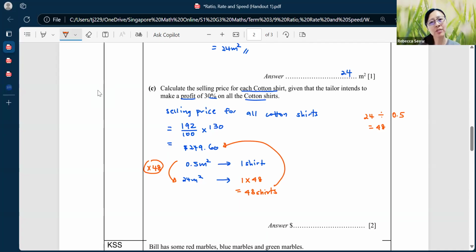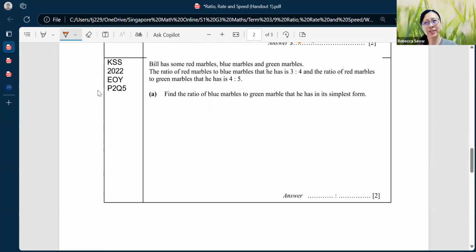To find the cost of one shirt, we take $249.60 divided by 48. And that will give us $5.20. So our answer, $5.20. Moving on, let's take a look at the next question.